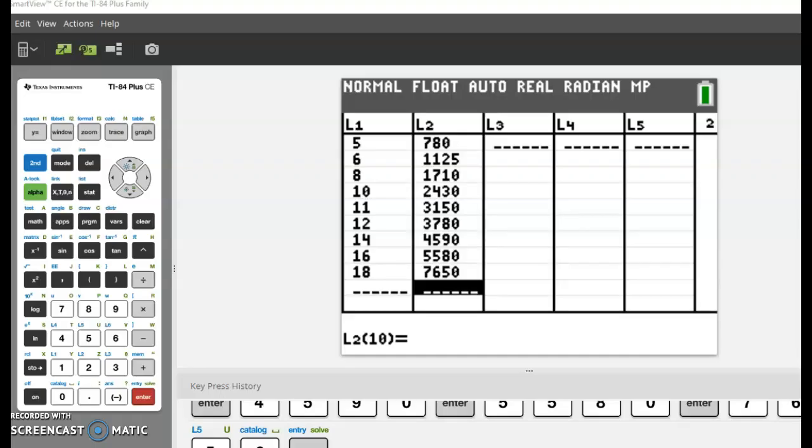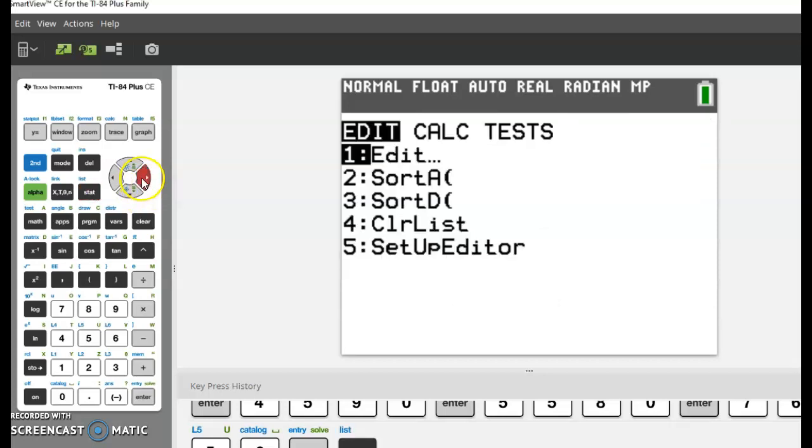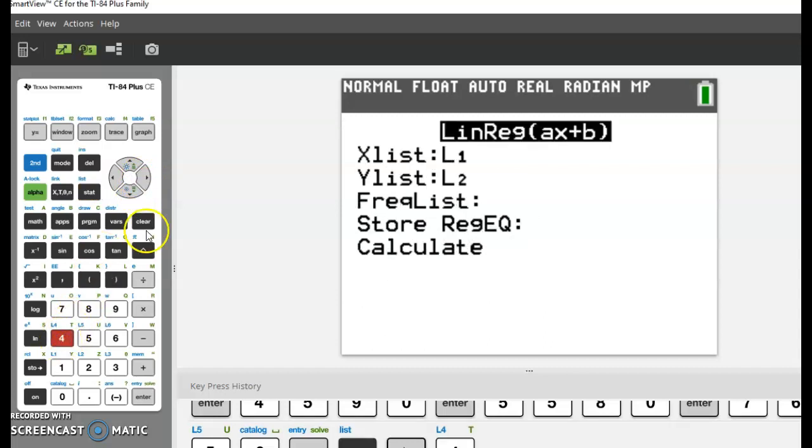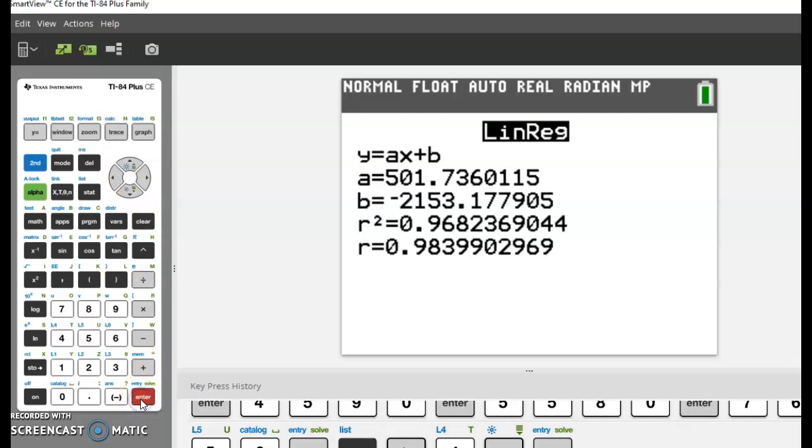I entered the data into the graphing calculator, and now I'm going to go to Stat and Calc. Choose number 4, linear regression, and calculate. Once again, I'll take it out to 3 decimal places.